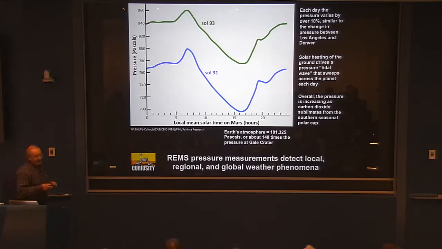So this is an interesting diagram. This is pressure measurements on the surface of Mars in Gale Crater on 2 different sols, Sol 31 and 93. When Curiosity landed, it was springtime, and they went to the summer. And of course, the volatiles that are frozen in the poles evaporate to a degree during the summer, and you can see a very slight increase in atmospheric pressure.